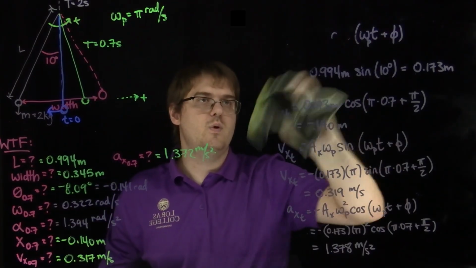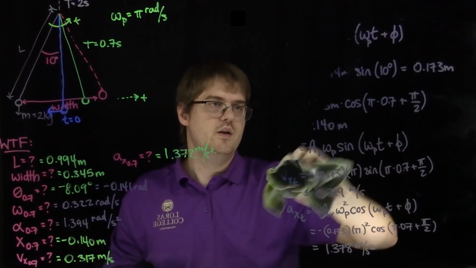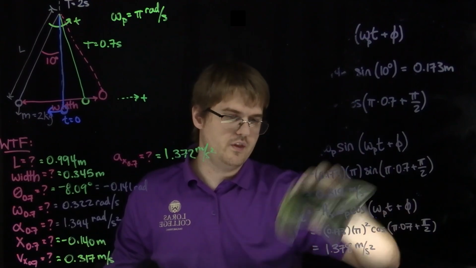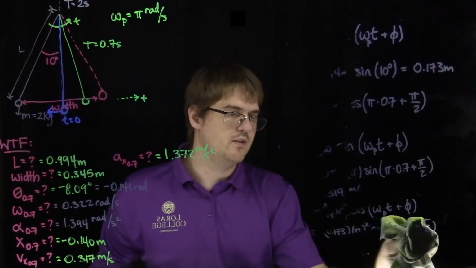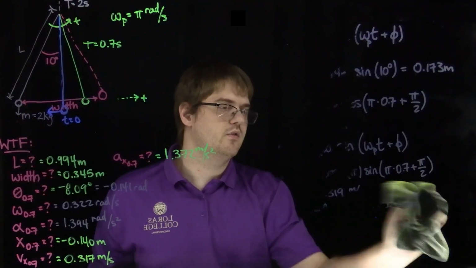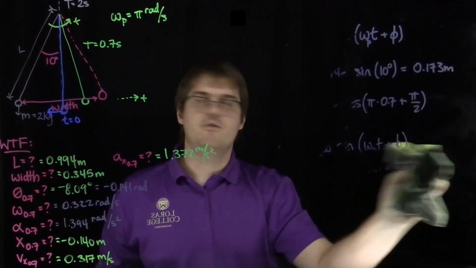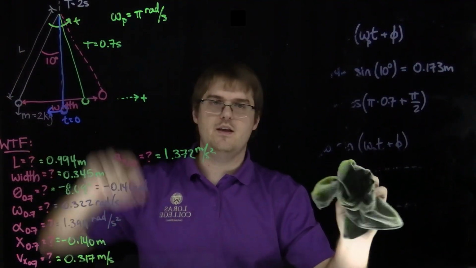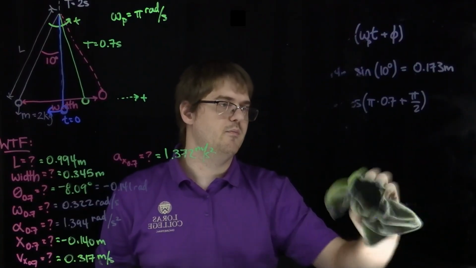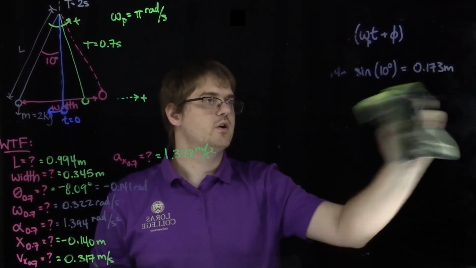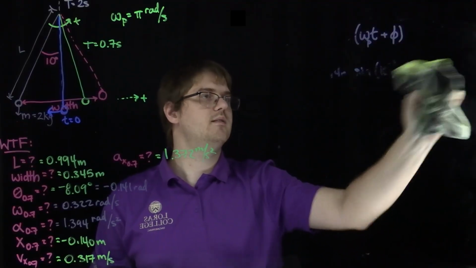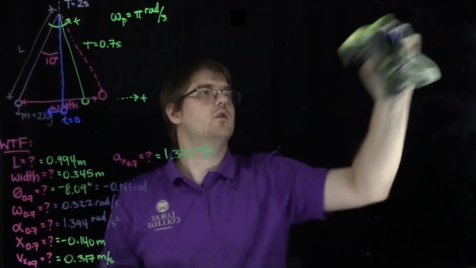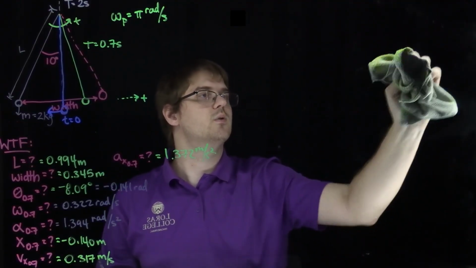The last thing we are asked to do is we need to resolve the entire problem. Okay, maybe not the entire problem. We need to resolve the problem as if this length of string does have a mass. And we are told what the mass is. I will look that up in a second. I just need to finish erasing.